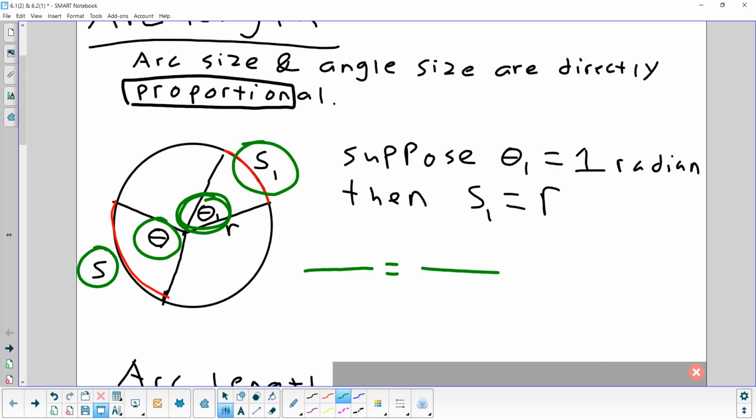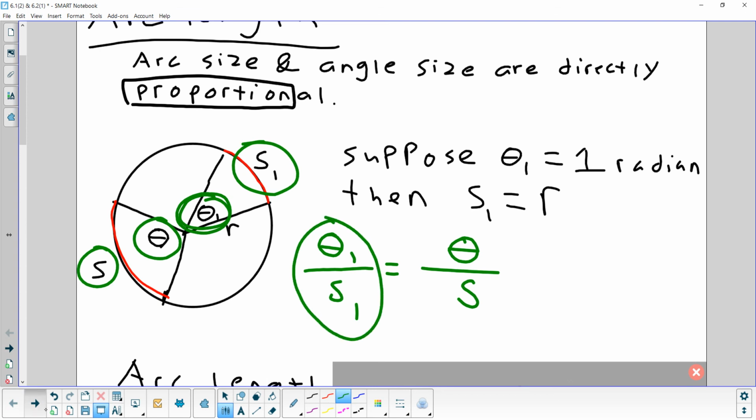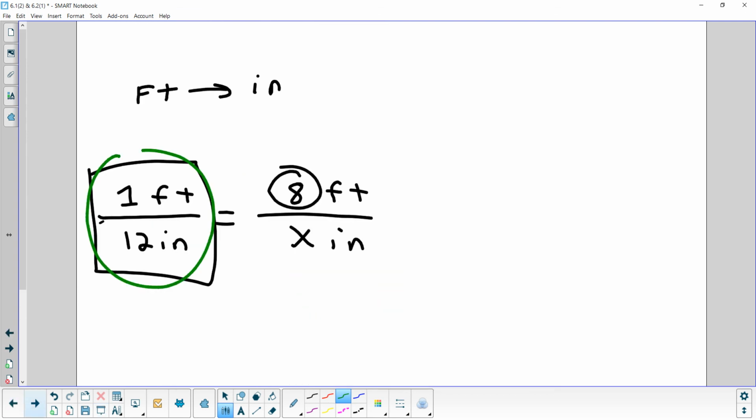So let's put theta 1 on the top, S1 on the bottom. If I put the angle on the top and the arc on the bottom, I have to do it the same way on the other side. Angle on the top, arc on the bottom. Now, this side is going to turn into this side.